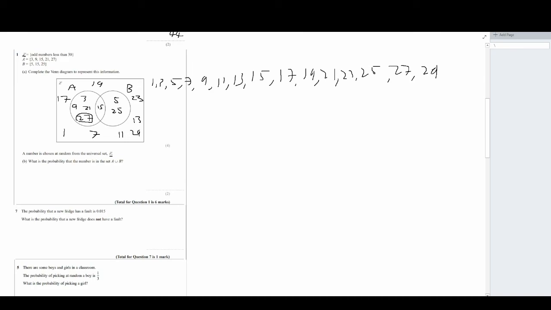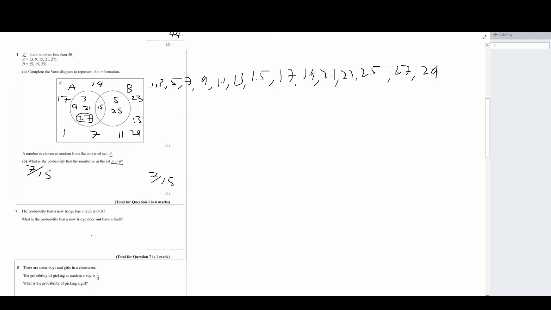So 7 numbers out of the odd numbers less than 30, which are 15 in total. 7 out of 15. That's your answer. You just look at A union B, and you have to remember this notation because it is very crucial.